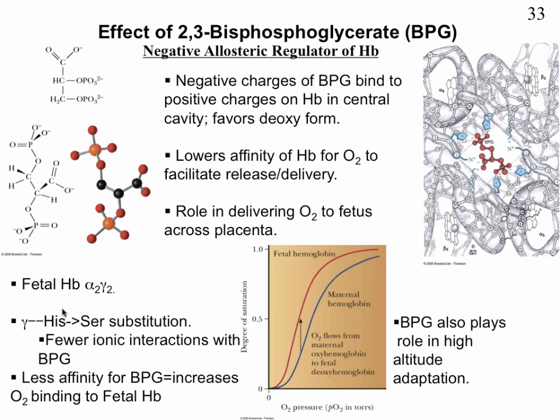This lowers the affinity of BPG for the deoxy form, which means that having less BPG bound will favor the high affinity state of fetal hemoglobin, or it'll favor binding of oxygen to fetal hemoglobin.